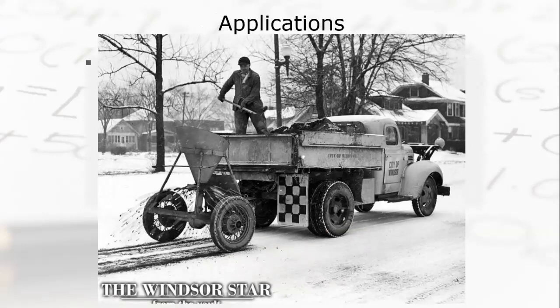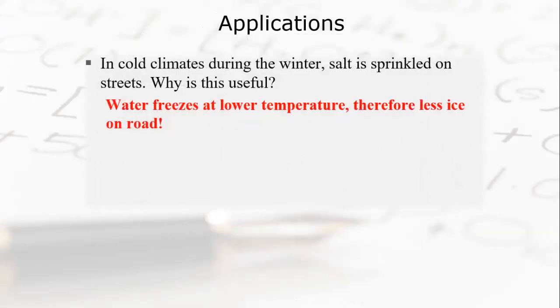So what is the salt for? Well, think about it. If the presence of a solute decreases the freezing point, that means that water is now going to freeze at a lower temperature.